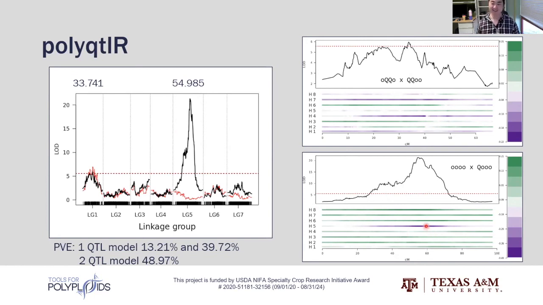Now, an interesting thing is that when I looked at the intersect between the 94 from QTL Poly and the 94 from PolyQTLR, they agreed on 91. So there were 3 that differed, and 91 individuals agreed from both.